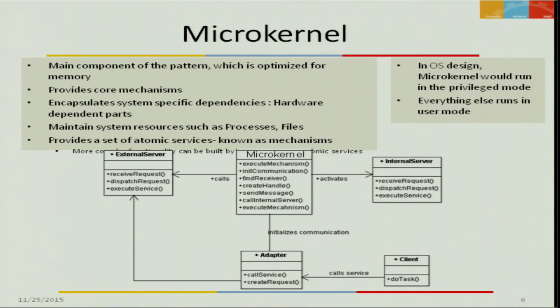What they showed is that one can build a microkernel, and then on top of that it is possible to give different flavors of different operating systems. For example, on top of this simple microkernel you can create an OS2 flavor, or on top of a particular microkernel one can build a Mac operating system. These are the two examples that were demonstrated to show what an external server is.